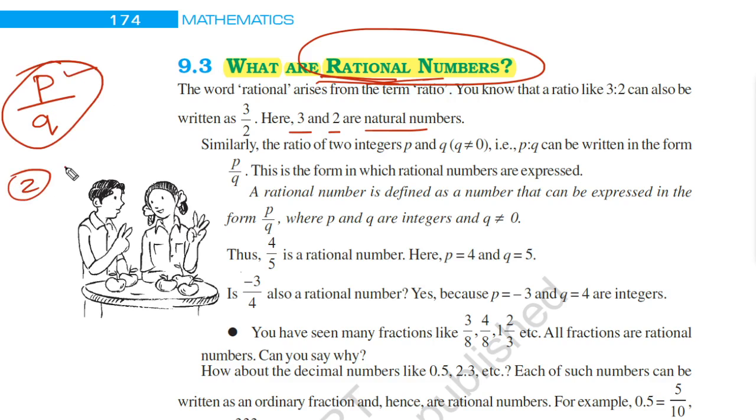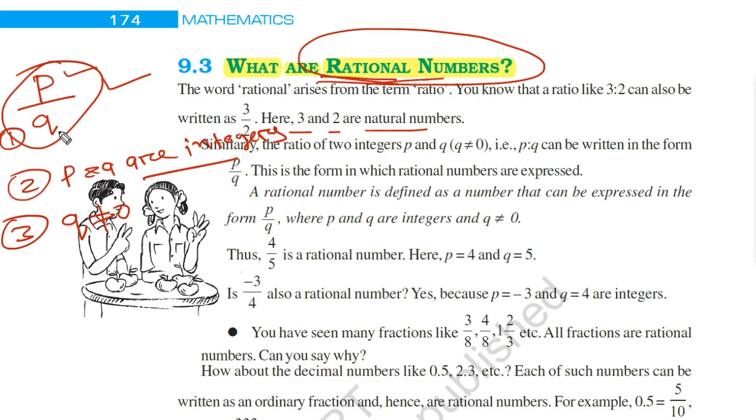The second concept is that p and q are integers, and the third concept is q not equal to 0. So the three conditions: first, the number can be written in the form of p by q; second, p and q are integers; and third, q is not equal to 0.